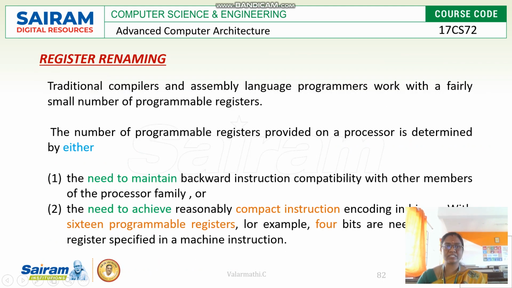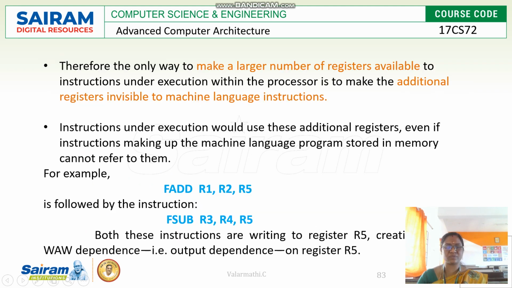Then the third topic is register renaming. What is the concept behind register renaming? We'll see with one example. Here fadd and fsub are two floating point instructions. Both have output dependence because both are accessing the output register R5.